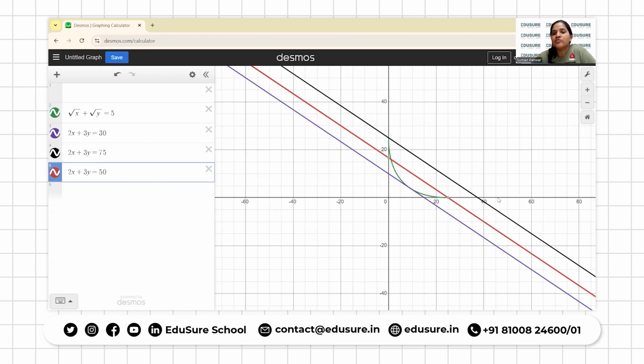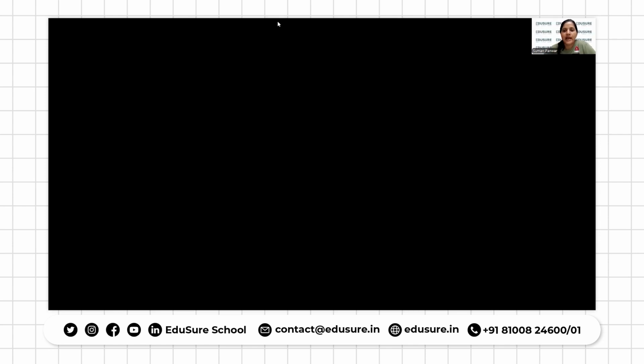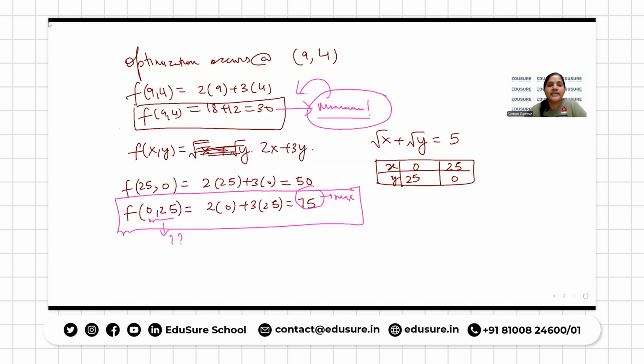So the tangential point corresponds to the minimum value, and the boundary point (0, 25) corresponds to the maximum value. Basically, we got the candidate for the minimum value, but we did not get the candidate for the maximum value. Now, what is the reason?